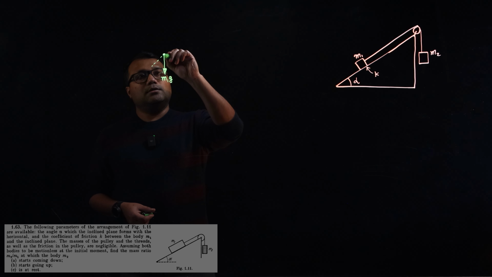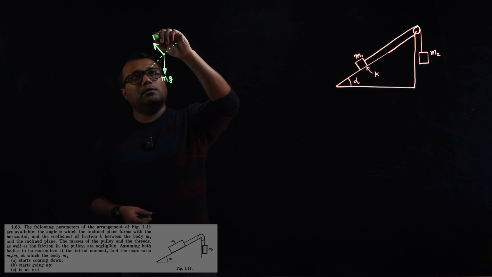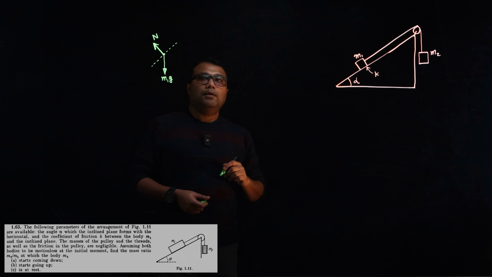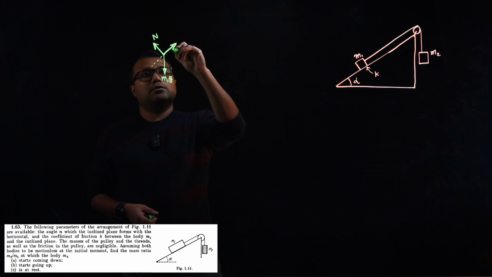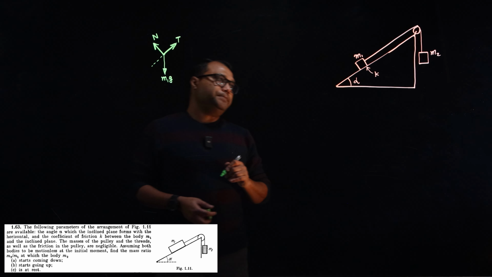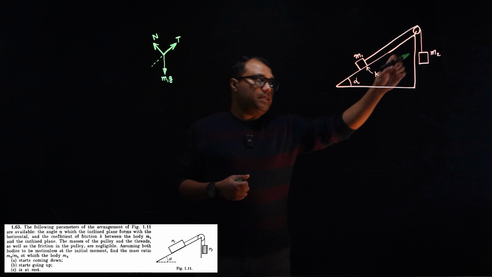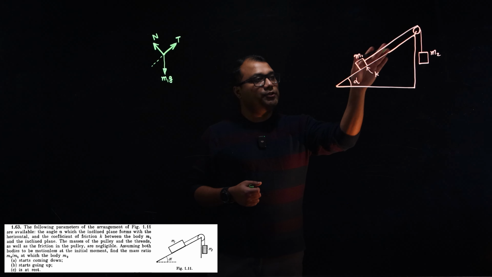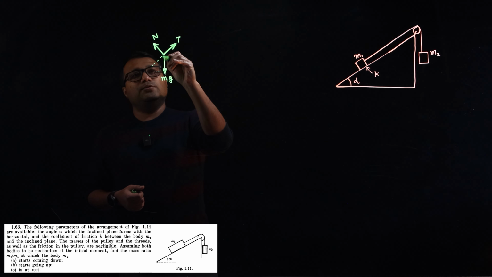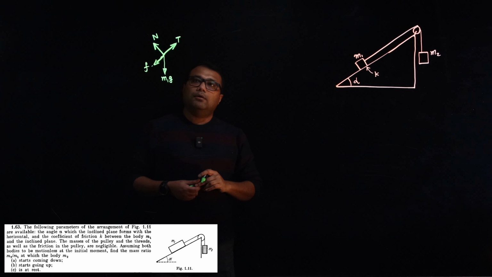If this is the plane, there is a normal reaction, and there is a tension force on the string. Now question number A says M2 is going down, so M1 is going up. If the relative motion is this way, friction force will be this way.